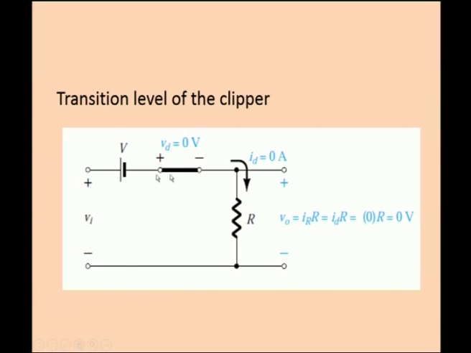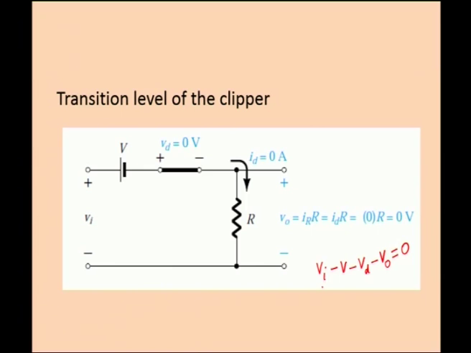So, when we apply a KVL here, Vi minus V minus Vd minus Vr equal to 0. Vi minus V minus Vd minus Vr, otherwise it is taken as Vout, Vo equal to 0.